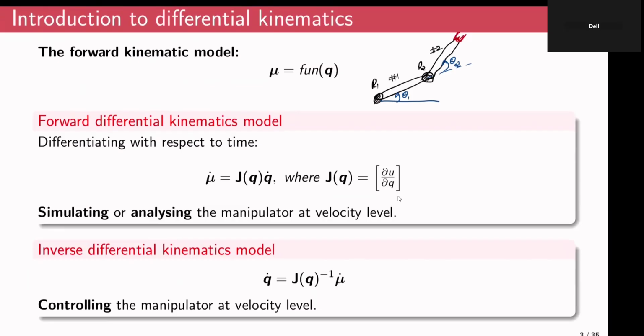You define the position of the end effector or the tooltip using the Cartesian coordinates x comma y. We basically denote this vector x comma y using the symbol mu, and we call the vector of Cartesian coordinates the task space variables.